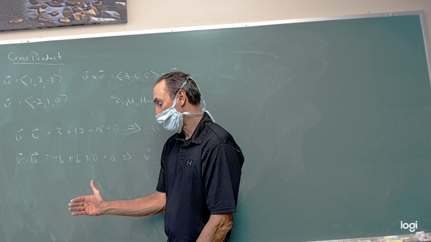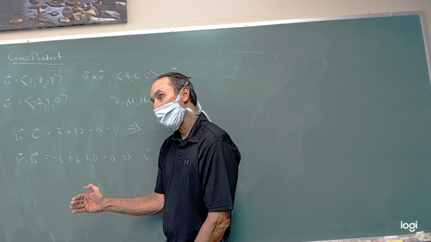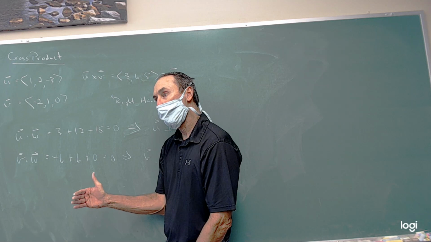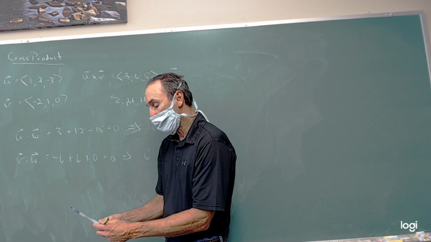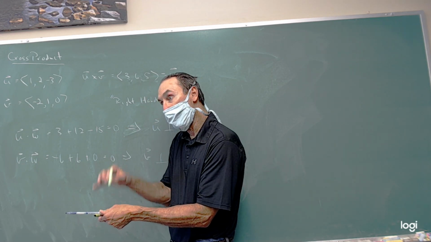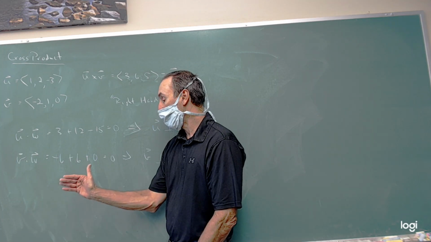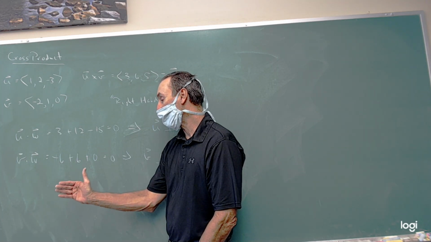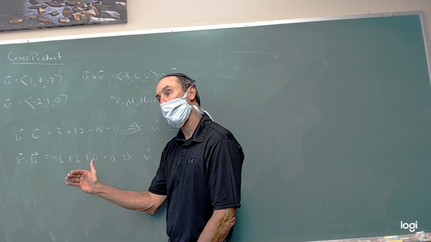Does that make sense? Then you stick your right hand thumb up, and that's where the u cross v vector goes. Because if you have two vectors in space, the perpendicular vector could come out this way, or it could go down. So u cross v is always going to go where your thumb is on your right hand when u is your fingers and v is your palm.